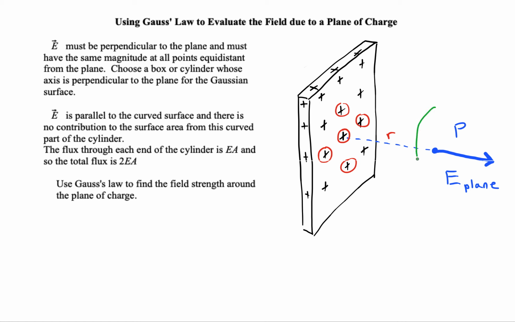So the best type of shape to make here will actually be a cylinder. And we want that cylinder to be perpendicular to the plane. And we want it to cut through the plane.